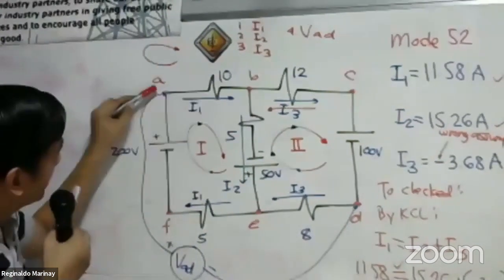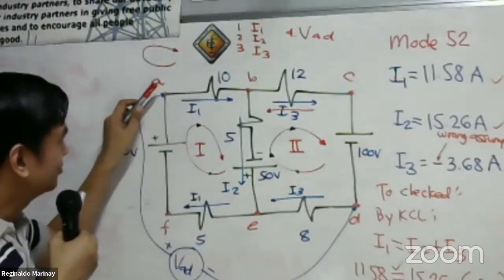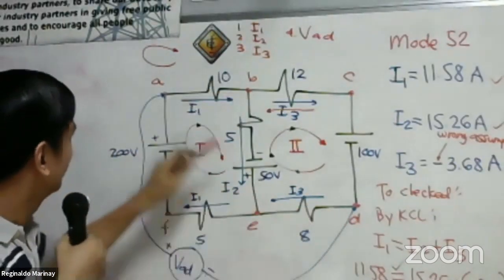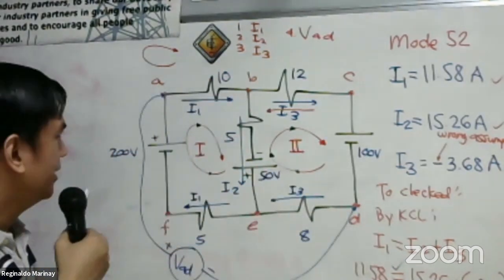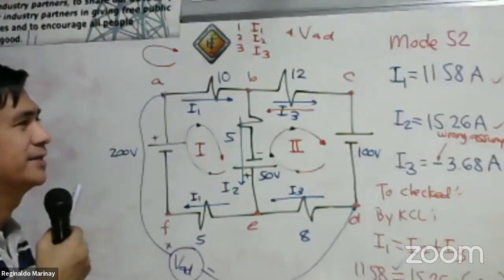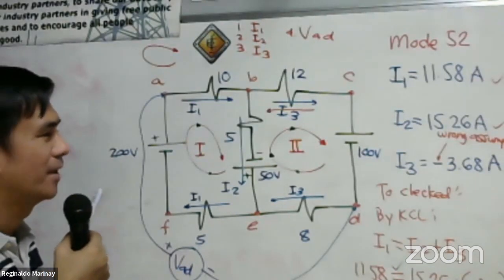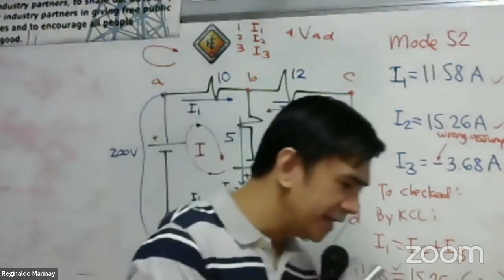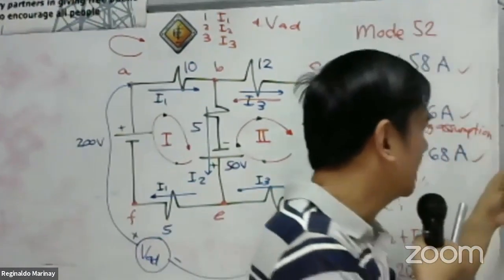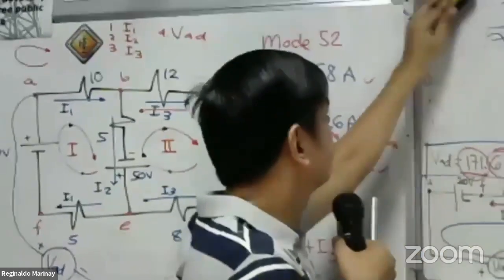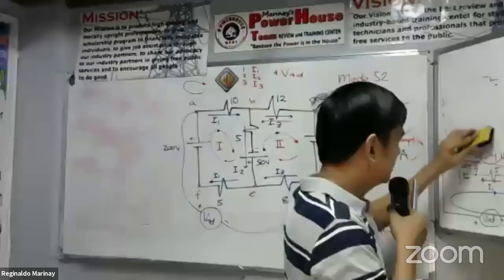I will consider A, B, E, D. Let's see if I can convince you. So, A, B, E, D. I will have my circuit tracing. Okay. I will erase this portion first. I will not erase our final answer for the upstream. I'll just use my space here.